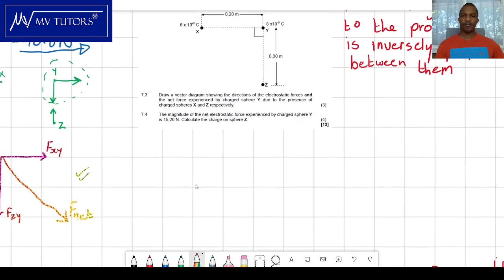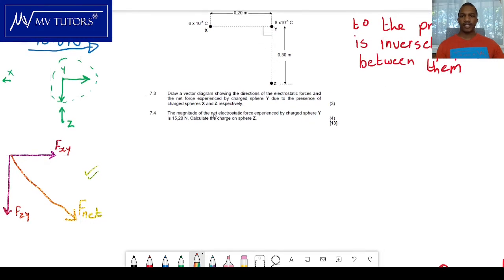They say the magnitude of the net electrostatic force experienced by a charged sphere Y is 15.2. Calculate the charge on sphere Z. The net electrostatic force. So they've given us the net.